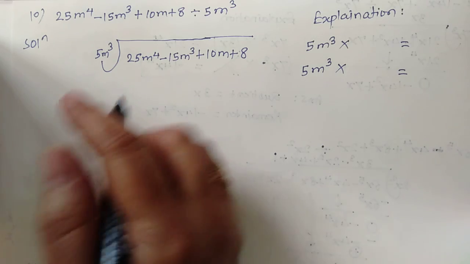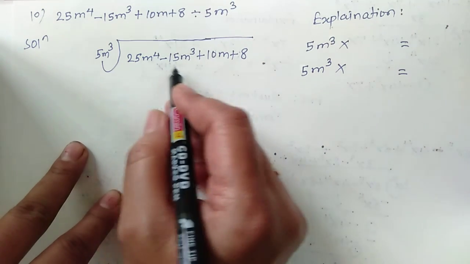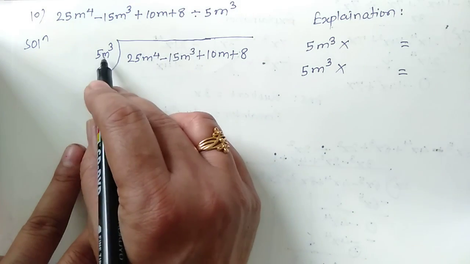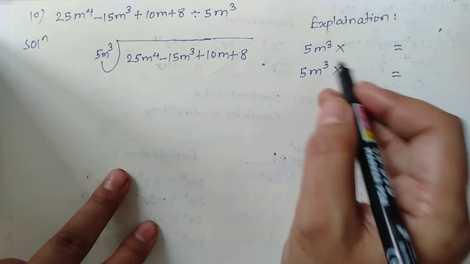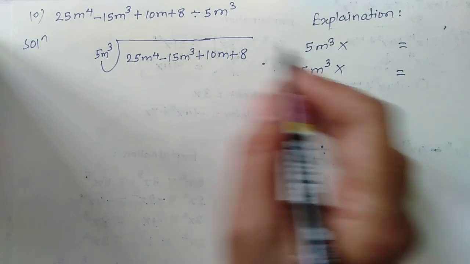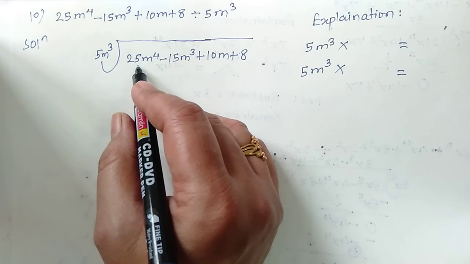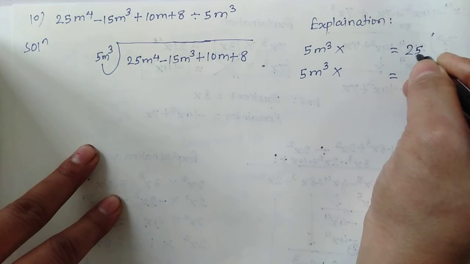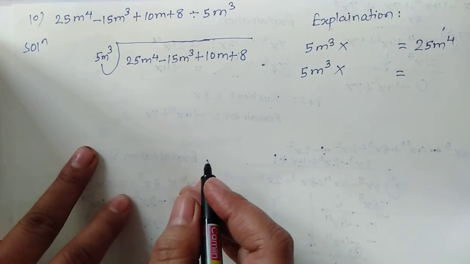See the next example. 25m raised to 4 minus 15m cube plus 10m plus 8 divided by 5m cube. So see the explanation part. What is the first term of dividend? It is 25m raised to 4.